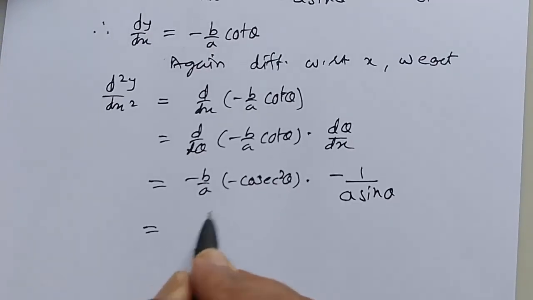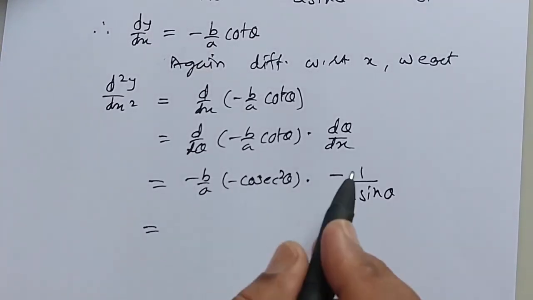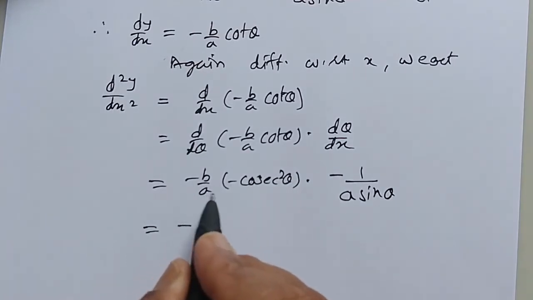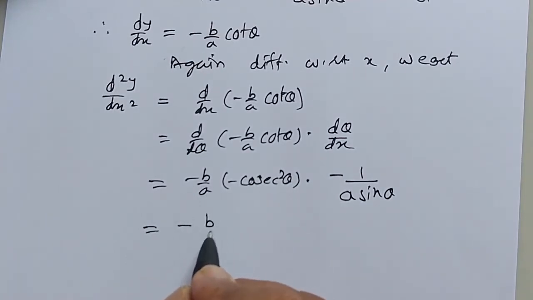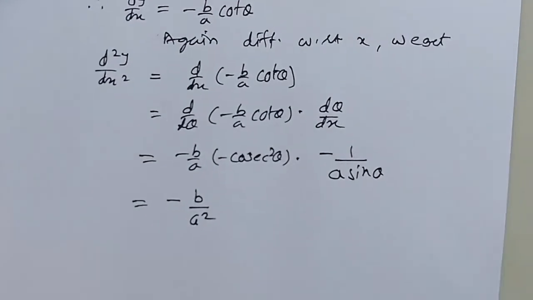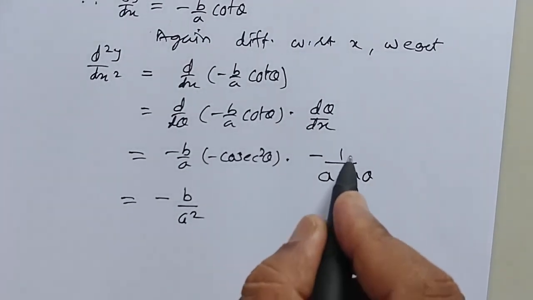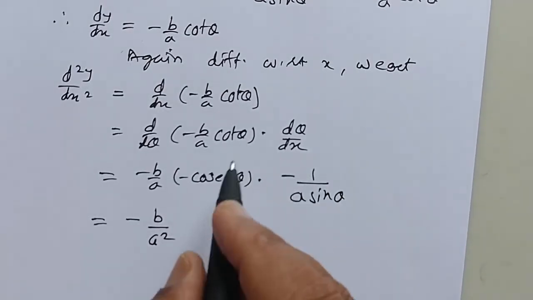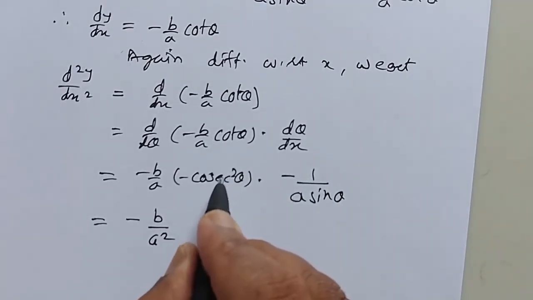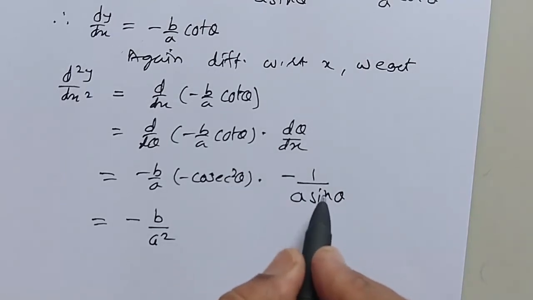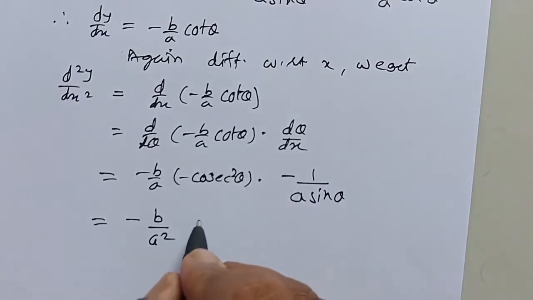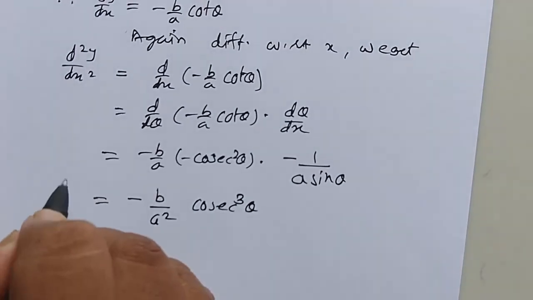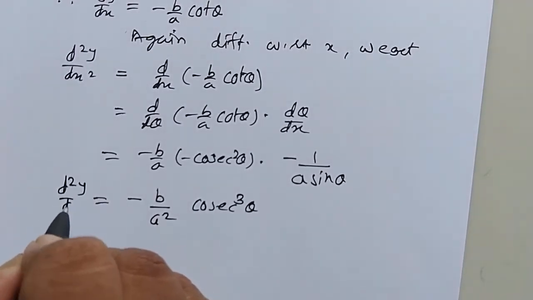Minus becomes plus when multiplied by minus, so it is minus b upon a square, and 1 upon sin theta becomes cosec theta, so with the cosec square theta already here, we add one more index, so it is cosec cube theta, so it is nothing but d2y by dx square.